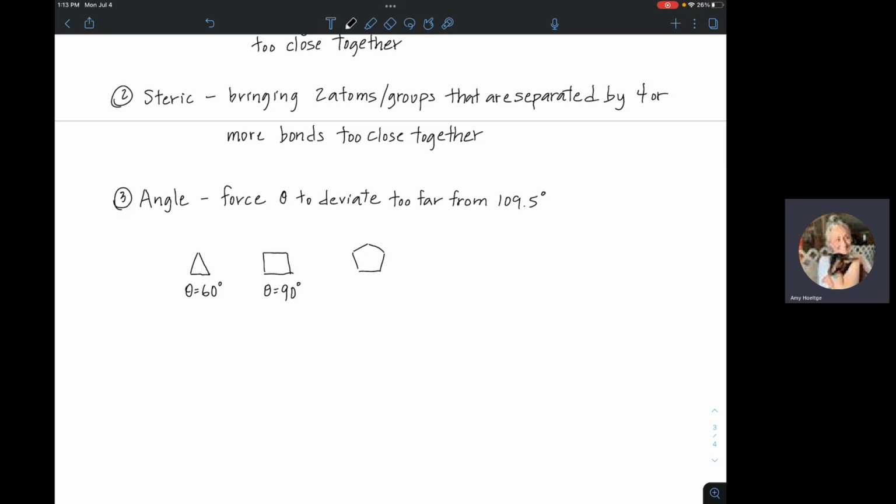Doesn't mean the bigger the better, right? It's how close you can get to that 109.5 degrees. So this is just simply summing up all of the angles, right? So the sum of all of our interior angles is going to be equal to, remember from just like, I guess, fourth grade math, right? N minus 2 all times 180 degrees. So this would be like 108 degrees for these bond angles. And theoretically, this would be 120.